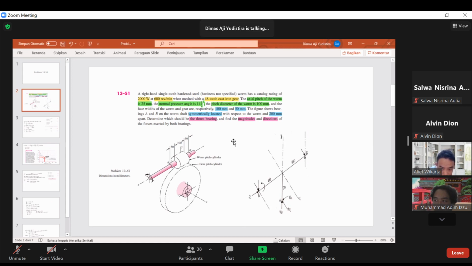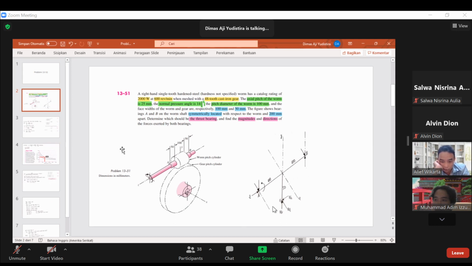and the face width of the worm and gear are respectively 100 millimeter and 50 millimeter. The figure shows bearing A and B on the worm shaft symmetrically located with respect to the worm and 200 millimeter apart.